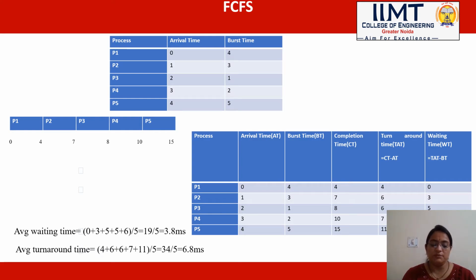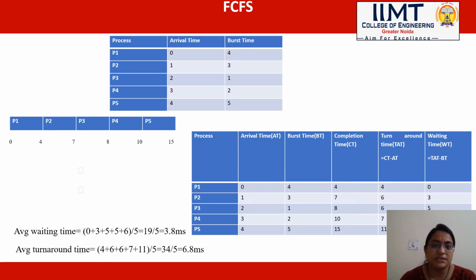Then CPU will be allocated to the process that comes next. We can see that P2 is allocated the CPU after P1, and its burst time is 3 seconds. After execution of P2, CPU will be allocated to P3, and after that P4 and P5.